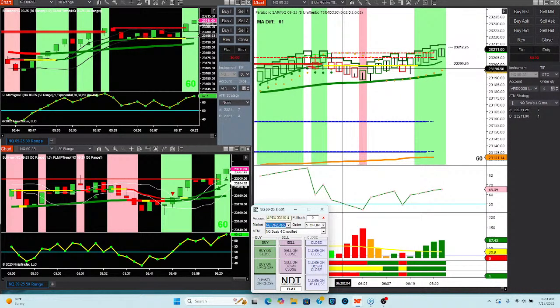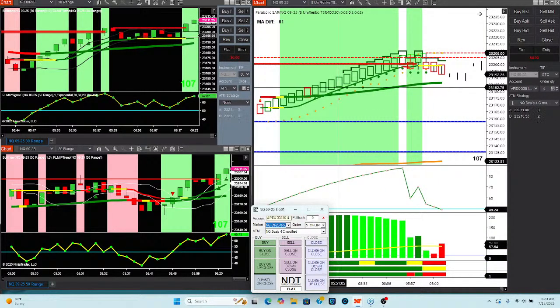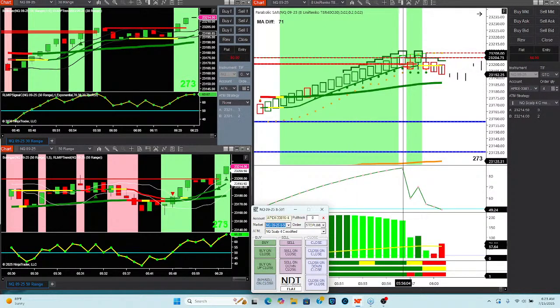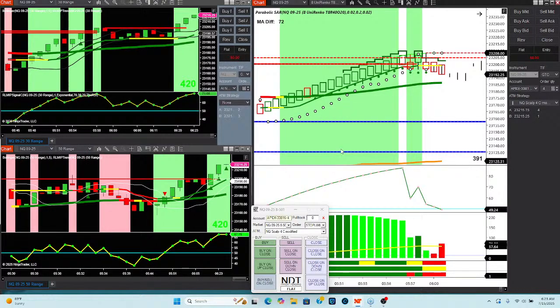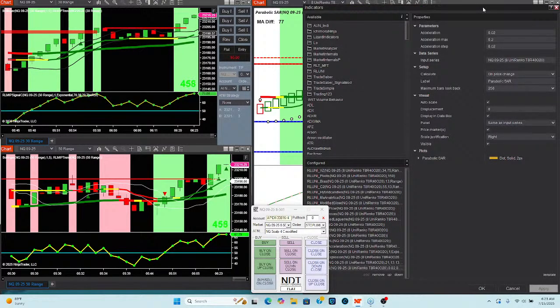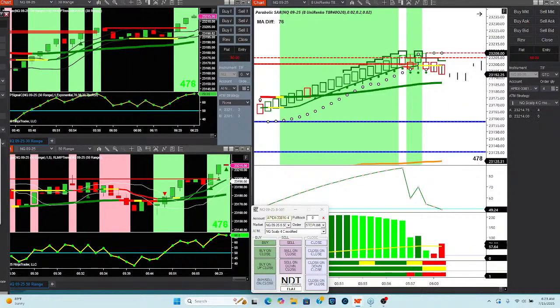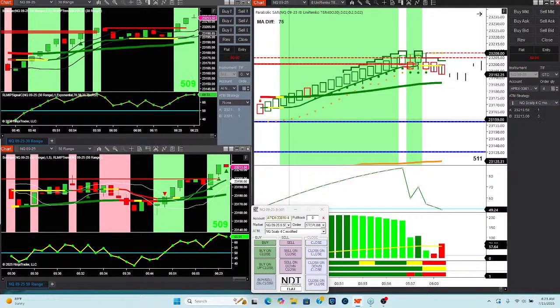I keep my 50, and I use a trend line. I have my stair step here. I have my power dots. Order submitted. The only thing that is a little bit different is I do add a parabolic SAR, which are these little orange dots right here.